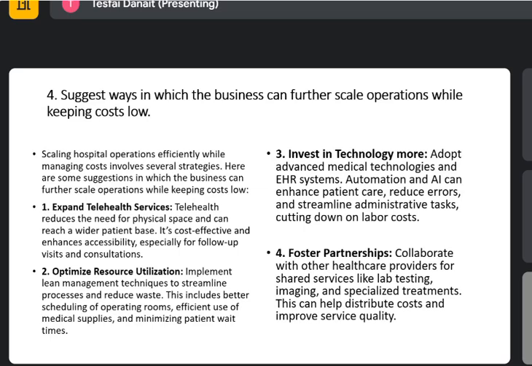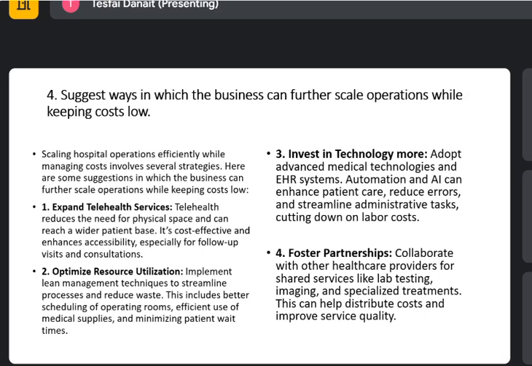So by expanding telehealth, you are reducing the cost that you are putting on space, therefore reducing the cost of your hospital. And then optimizing resources: lean management technique to streamline processes to reduce waste.